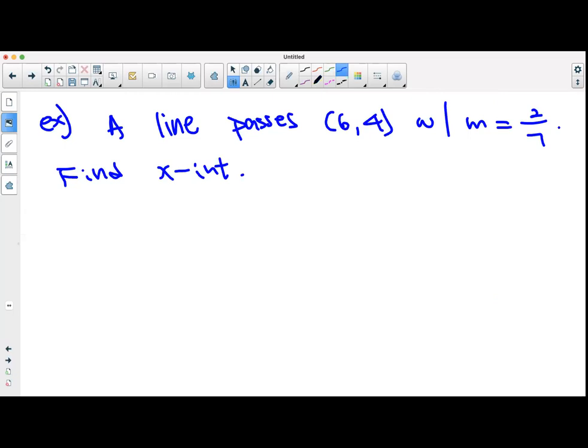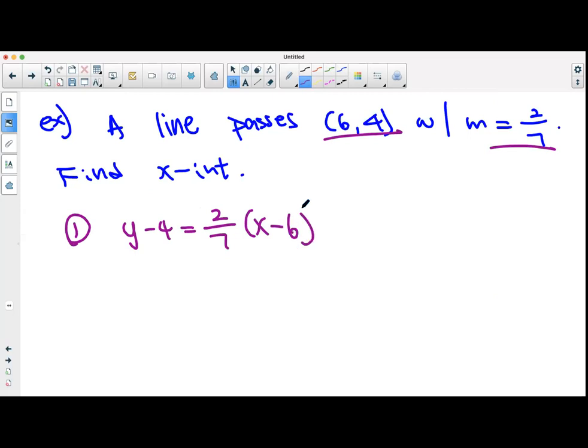Hey, you gave me a point and a slope. I know the equation: y minus 4 is equal to 2/7 times x minus 6. And then you want me to get the x-intercept? I know.